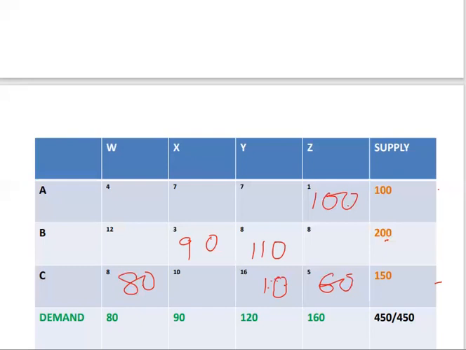CX to CY, CY to BY, and then to BX. I say this minus this, plus this minus 3. They're increasing cost too. We are going to be increasing costs.